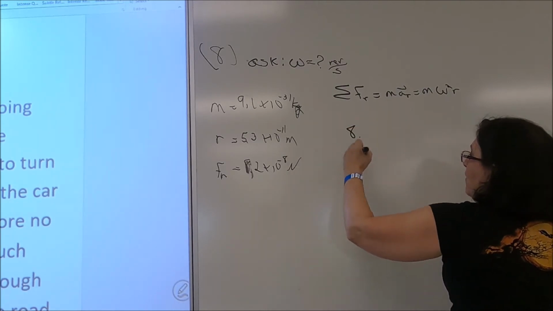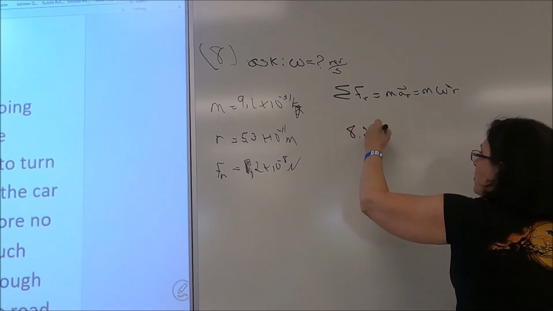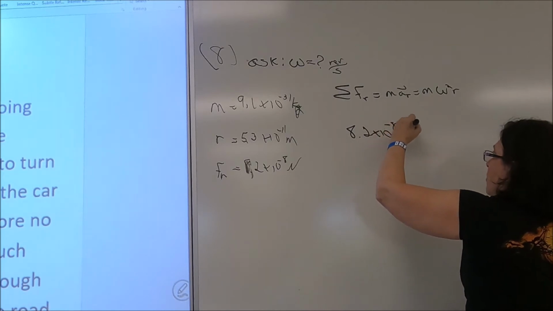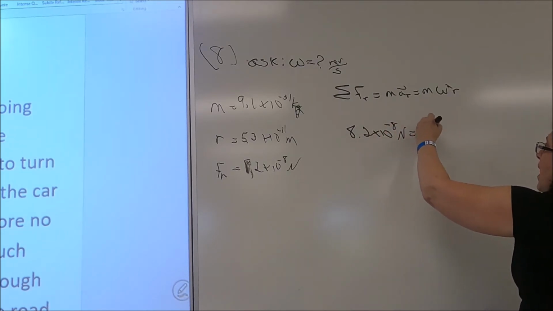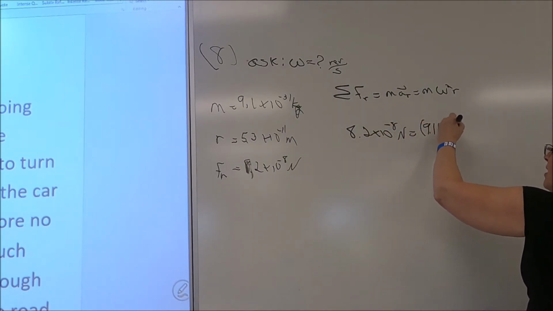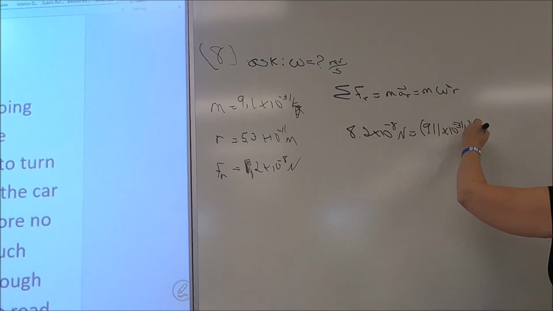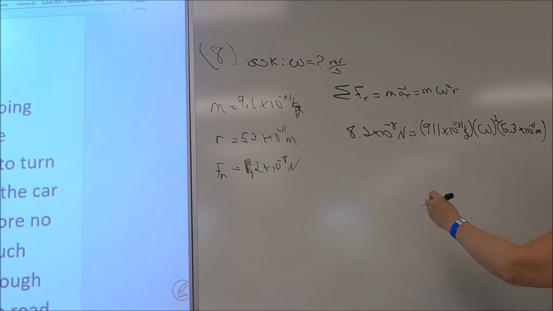I know that my force radially is 8.2 times 10 to the minus 8 newtons. That has to equal the mass, 9.11 times 10 to the minus 31 kilograms, times omega squared, times the radius, 5.3 times 10 to the minus 11 meters.